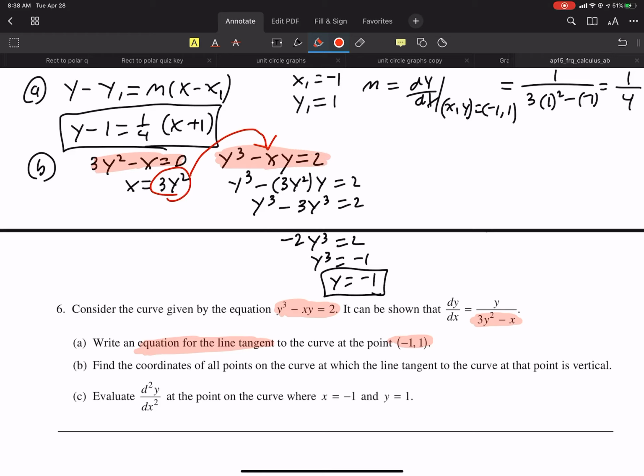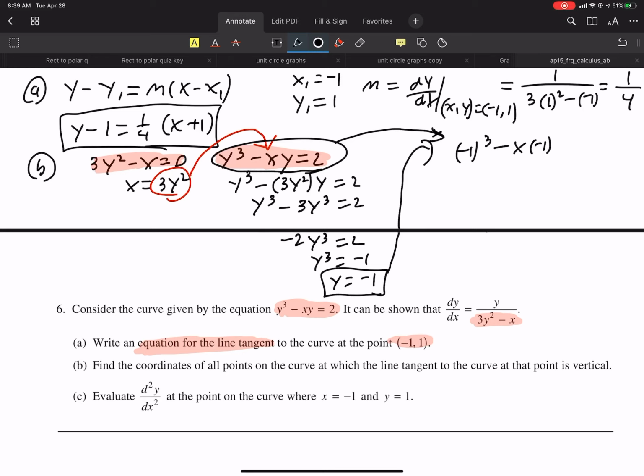So let's plug this into this equation and see what happens. Negative 1 cubed minus, oh, the x coordinate. We're going to solve for that.